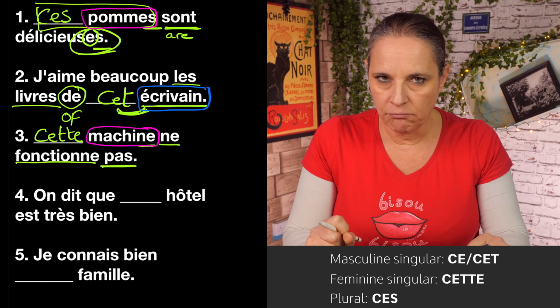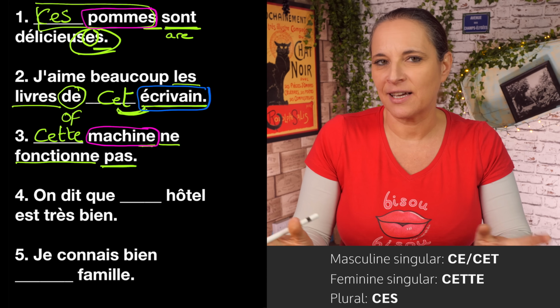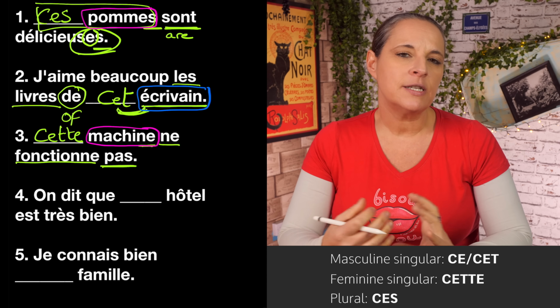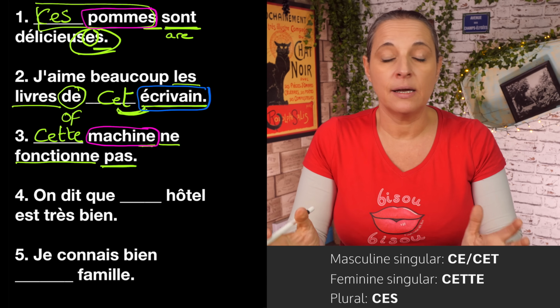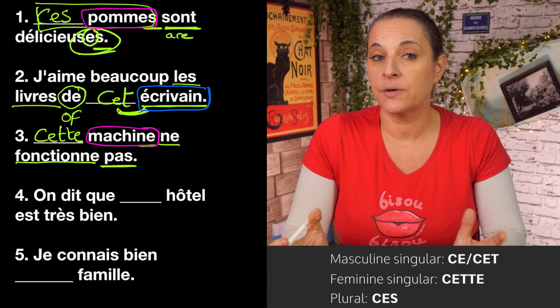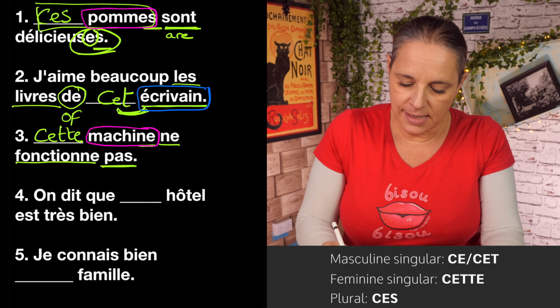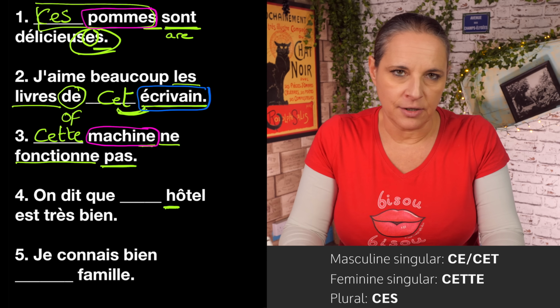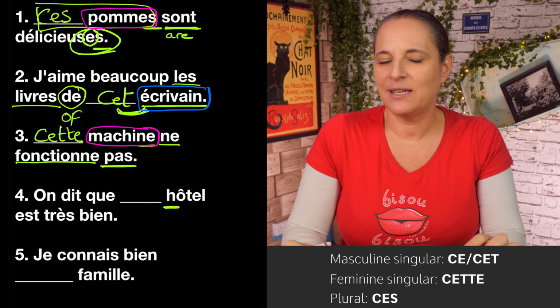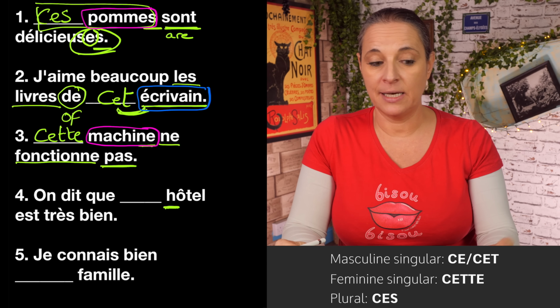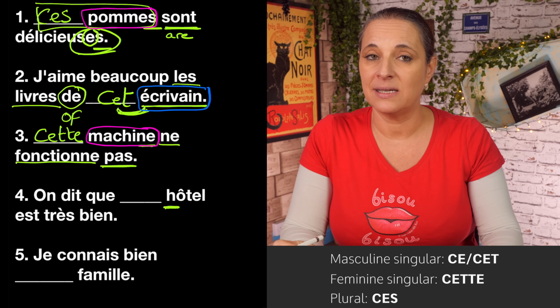Now let's have a look at number 4. On dit que, and then hôtel est très bien. Okay, we've got a difficulty here. Let's say that you don't know what the rest means, but hôtel is a simple word to know. It means hotel. This word begins with an H. So what we have to know is whether it is feminine or masculine. Because if it's feminine, it's going to be cette, C-E-T-T-E.